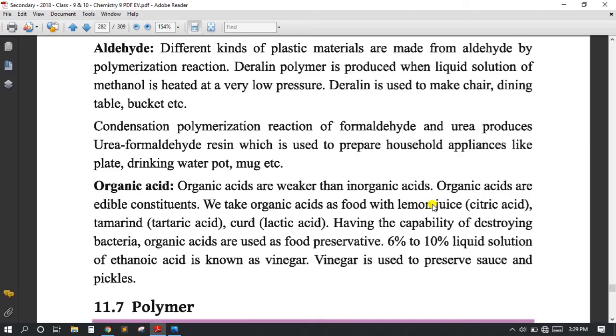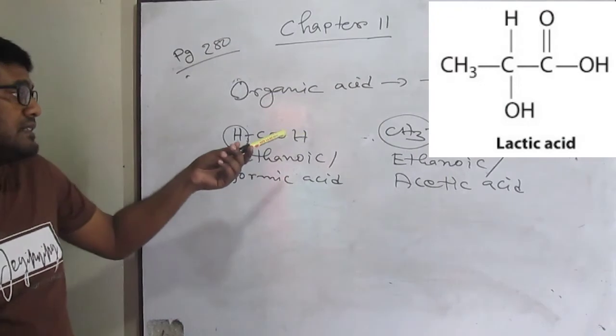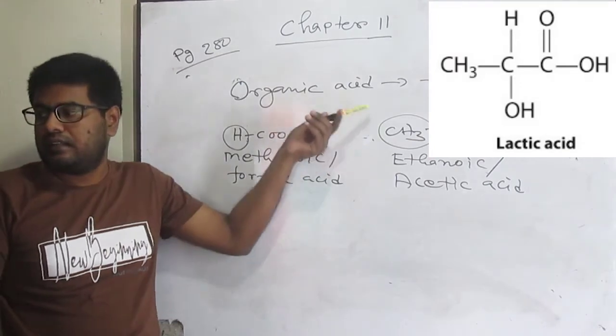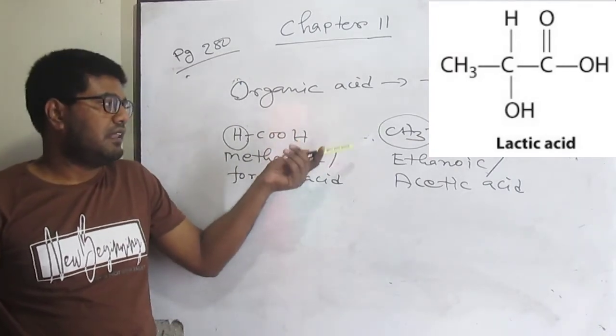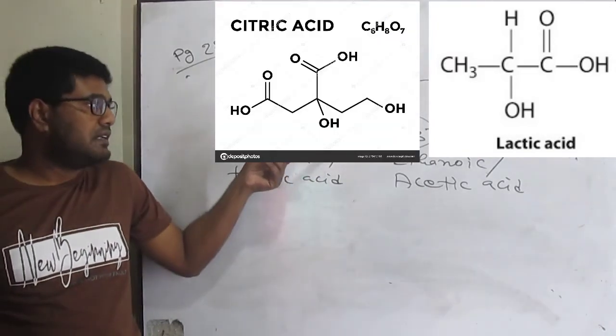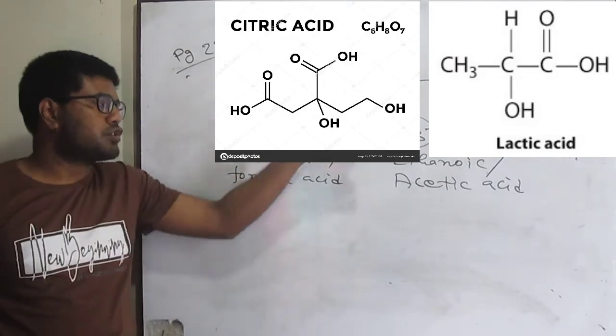Okay. In my laptop screen, it is written that we can get citric acid from lemon juice, and tartaric acid in tamarind, and we can get lactic acid from curd also. In that corner of the board, the formula of lactic acid is given. Then in that corner of the board, the formula of citric acid is given also.